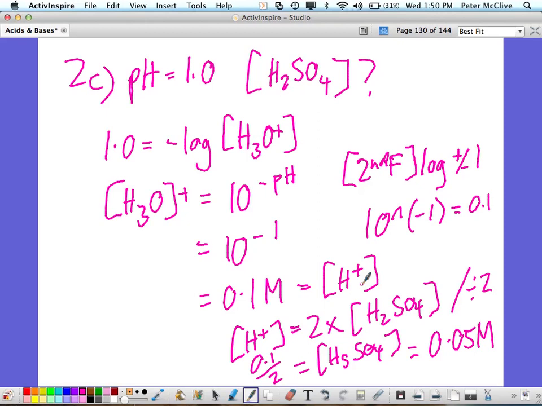For one acid molecule there are 2 hydrogen ions. So for every 2 units of concentration of hydrogen ions, there's 1 unit of concentration of acid molecules. Think about it going forwards, and then that probably makes sense, and then you can try to work out the path backwards.